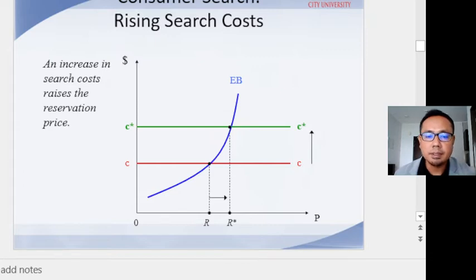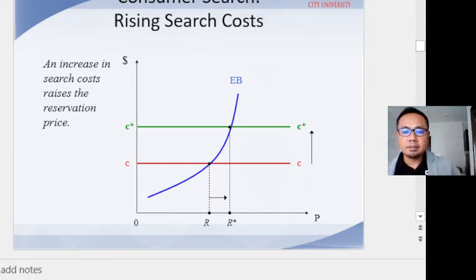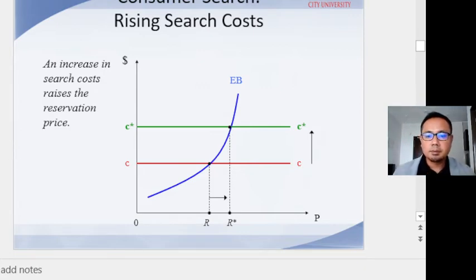So if the consumer is located at a price of R, she would be indifferent between purchasing at that price and continuing to search for a lower price. And that's the reservation price.